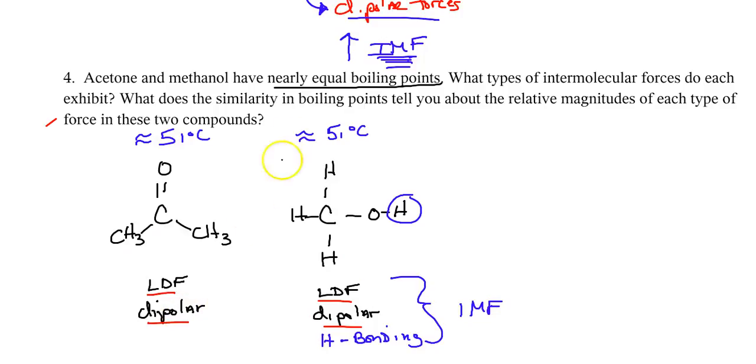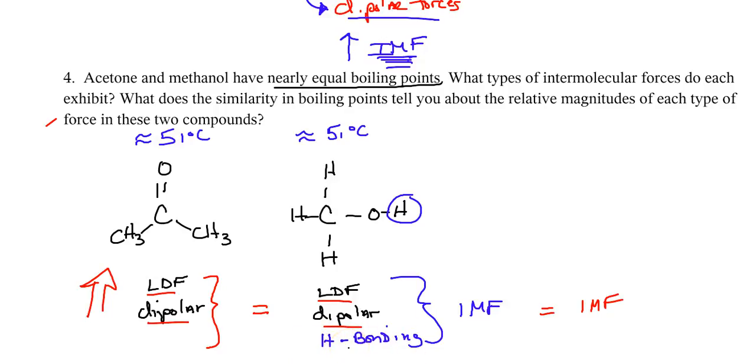This only has 2. They have the same boiling point, which means they have approximately the same intermolecular force of attraction. The only way that this collective pair of attractions can equal the collective threesome of these attractions is if one or 2 of these have to be bigger individually to overcome the extra H bonding force.